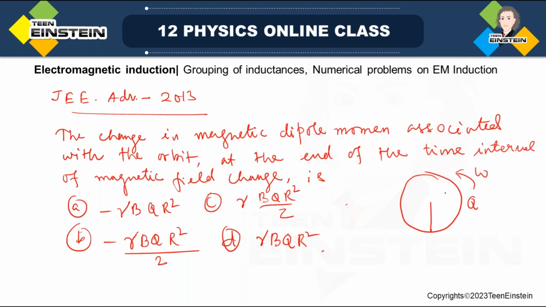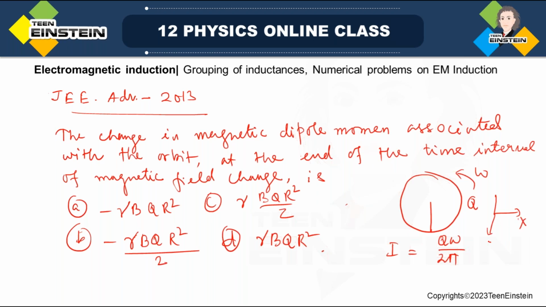This can be considered as an equivalent current carrying loop, where the steady current is q omega by 2 pi. A uniform magnetic field along the positive z-axis is now switched on, so this is in the xy plane.